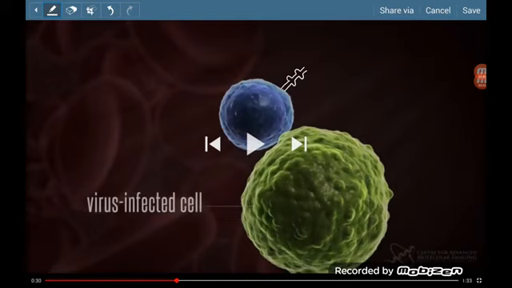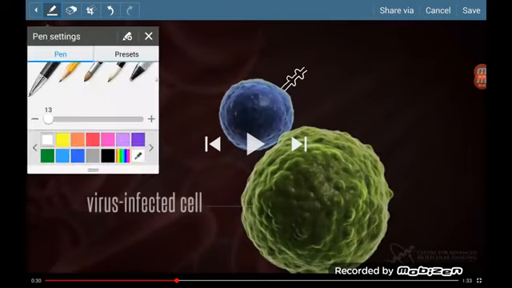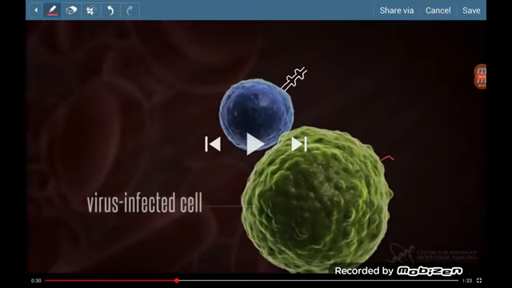And so what's going to happen here is we know from our biology before what's going on in this virus-infected cell. Inside this cell, if it's been infected, we know that the virus injected its DNA or its RNA, which went to the nucleus. And we know that the DNA, for example, would have been replicated.